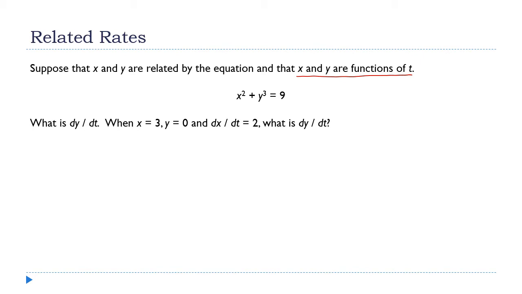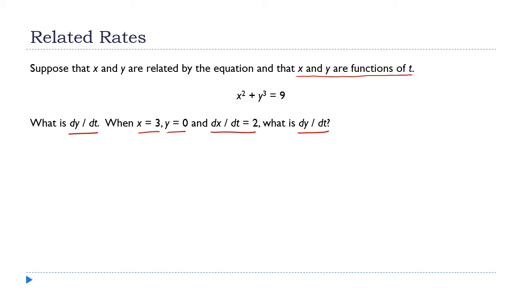Instead of differentiating with respect to x, which is what we normally do, I'm going to differentiate with respect to time. You see that down here in the second part of the question: what is dy dt? And then I'm going to try to find a numeric value for dy dt given these three inputs.